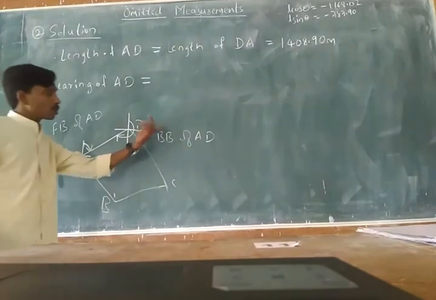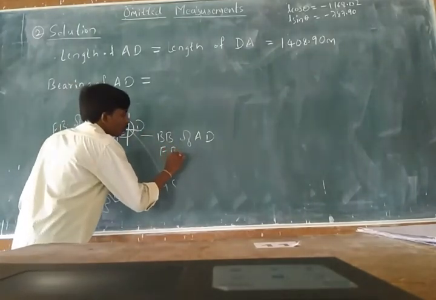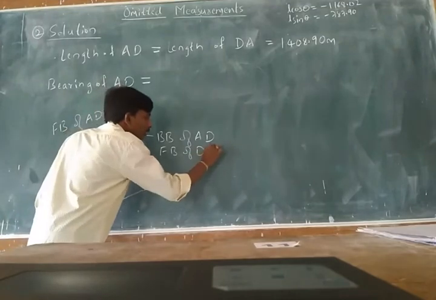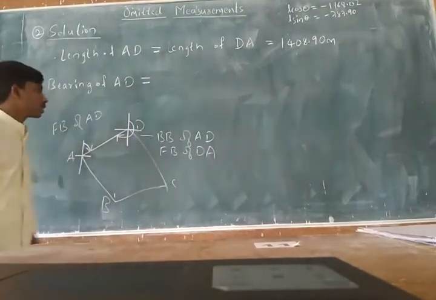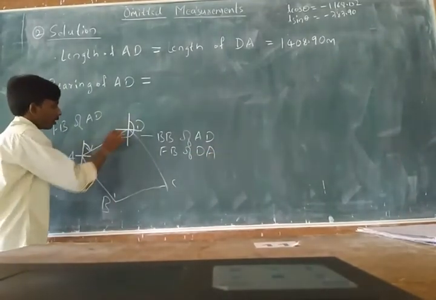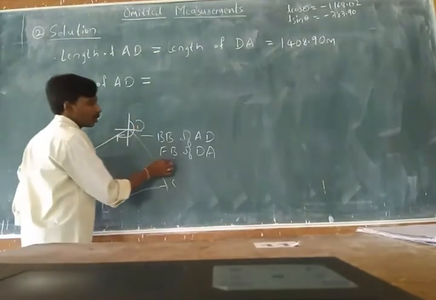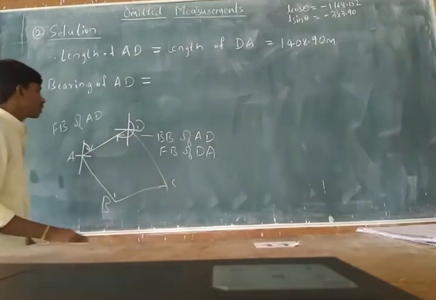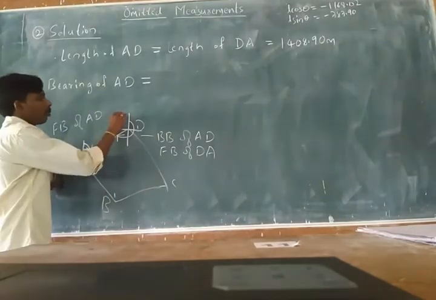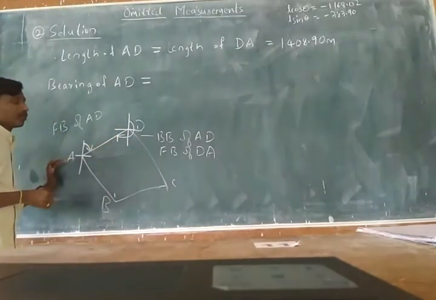This can also be called the forebearing of DA, because you are measuring from D to A. Or else you can call it the back bearing of AD.